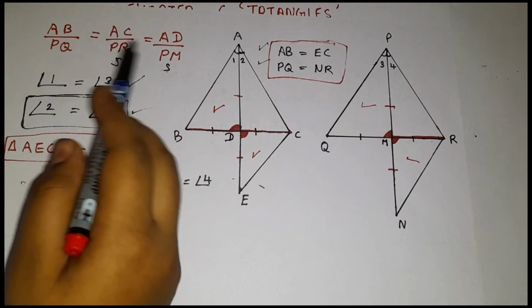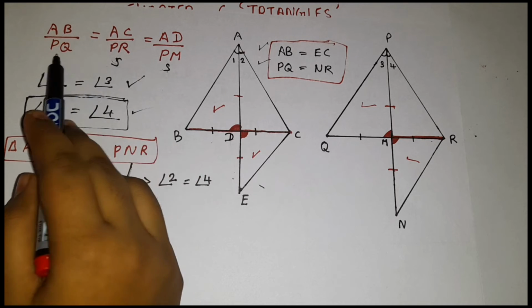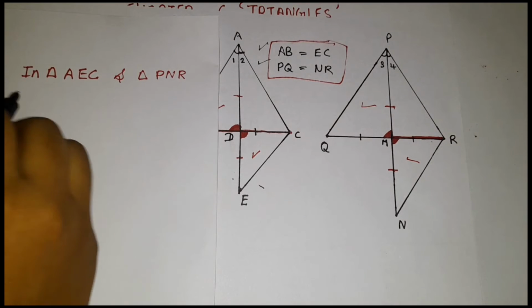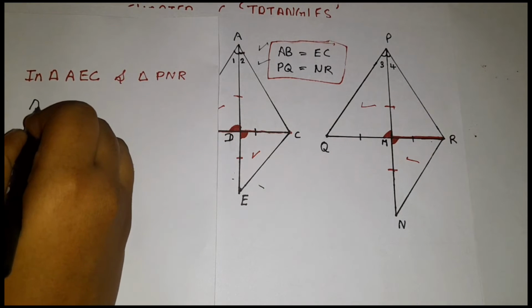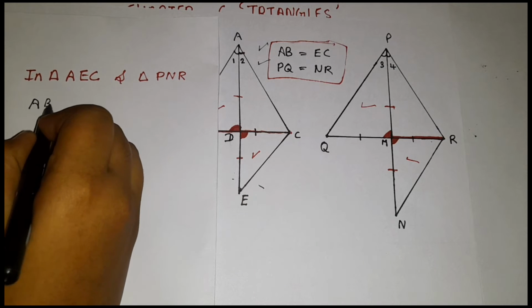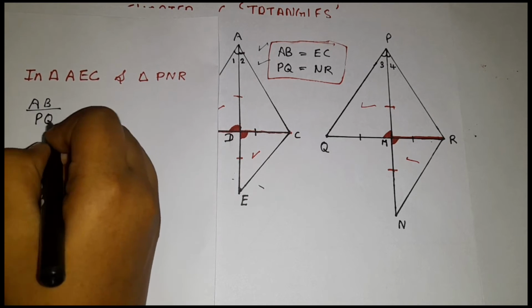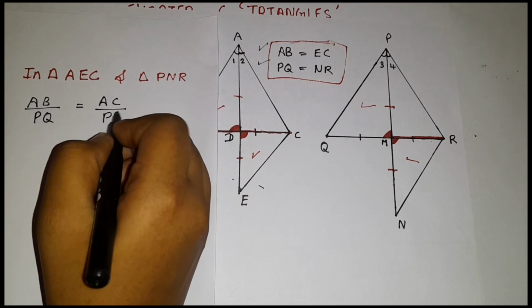So first I am going to write it as it is: AB by PQ is equal to AC by PR.